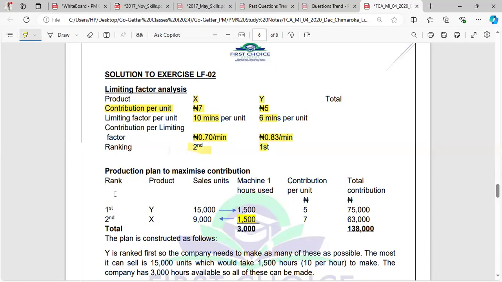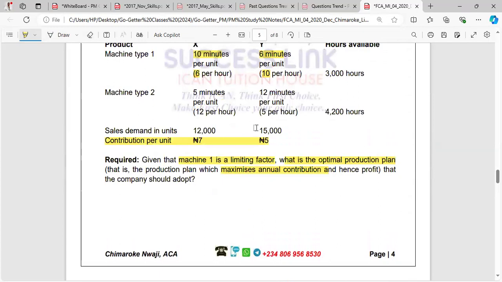So what do? This is your rank. This is the product based on ranking. So this is your first, this is your second rank, your first and second rank. So what do? You rank Y before X. So now Y demands 15,000 units.